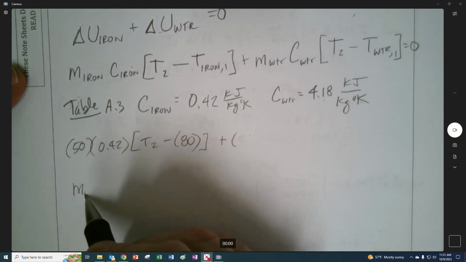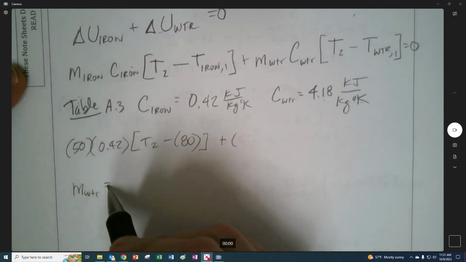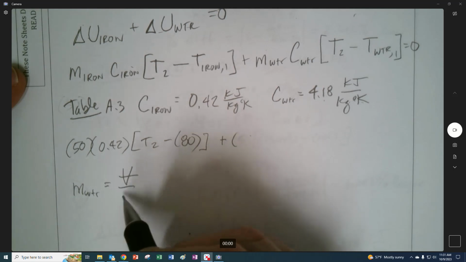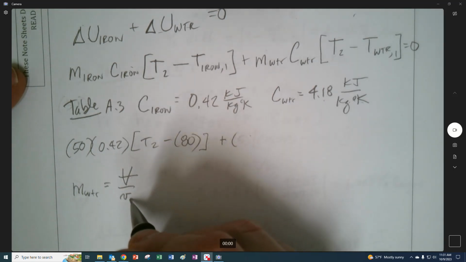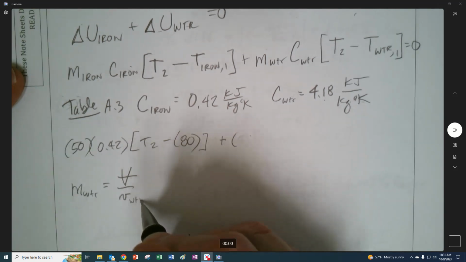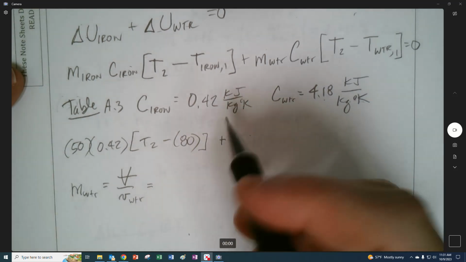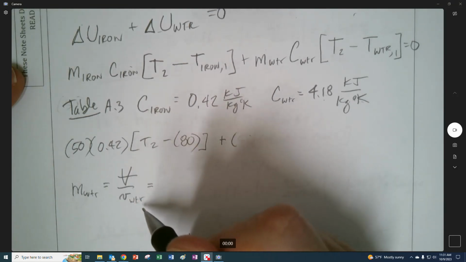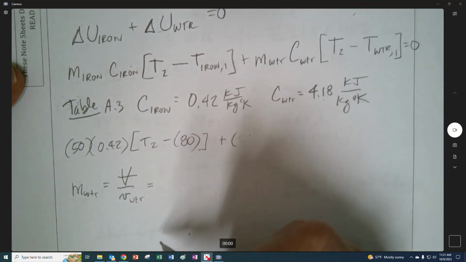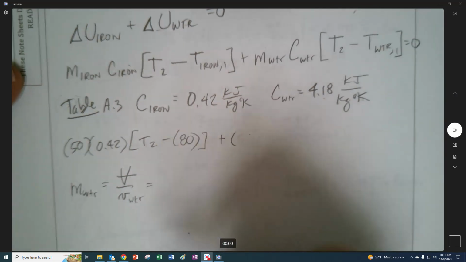Okay. The mass of the water is going to be equal to the volume of the water that we're told divided by the specific volume of the water. And most sane people say that the density is 1,000 kilograms per cubic meter.